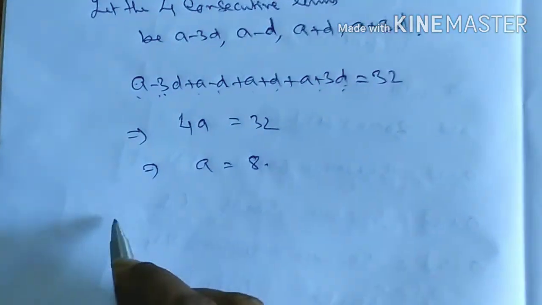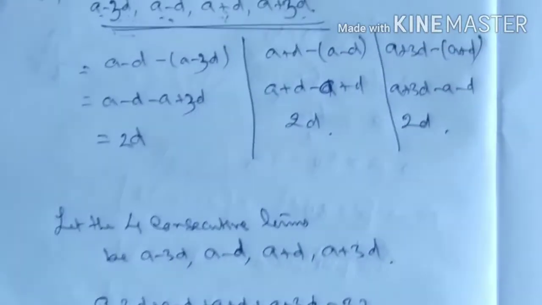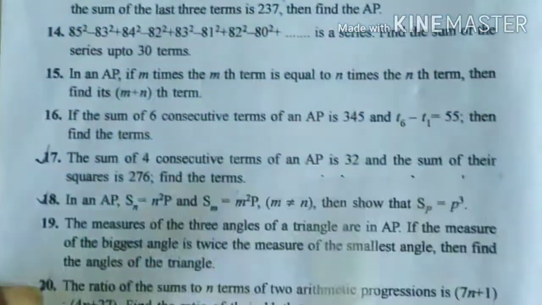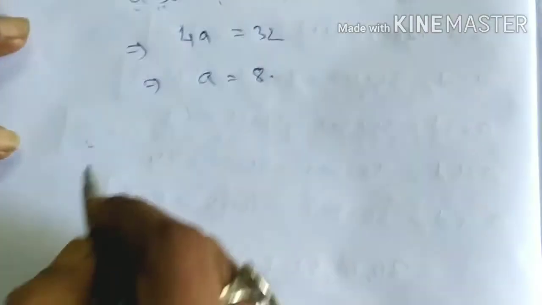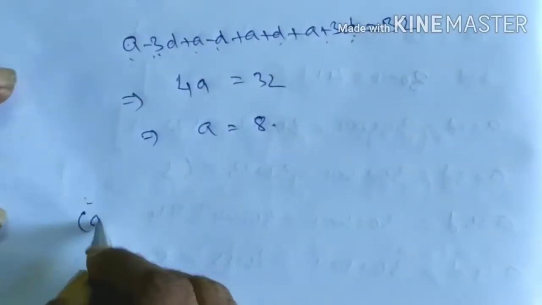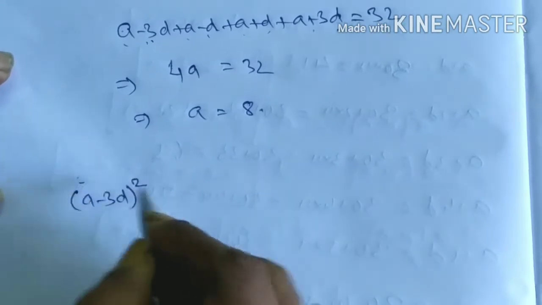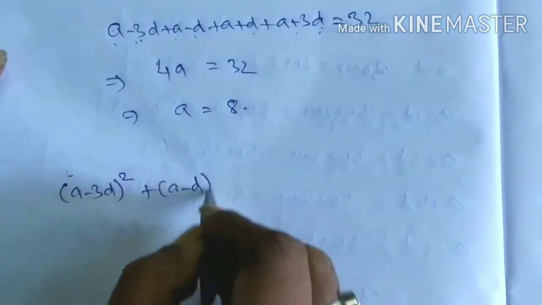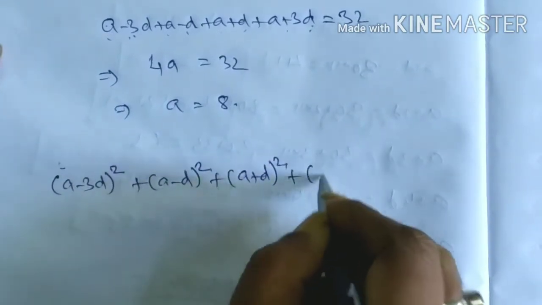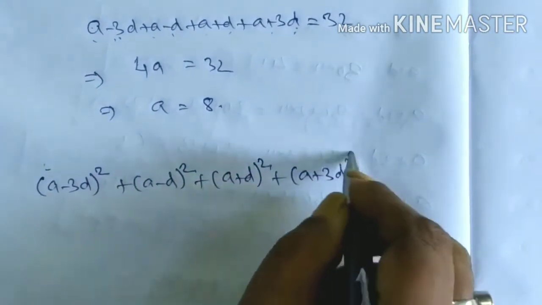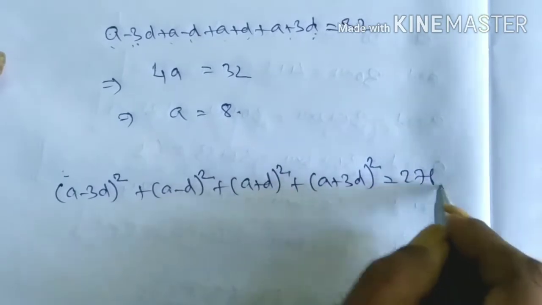Now the second part of the question is the sum of their squares, which is 276. So the sum of these squares, a minus 3d the whole square, a minus d the whole square, a plus d the whole square, a plus 3d the whole square, is 276.